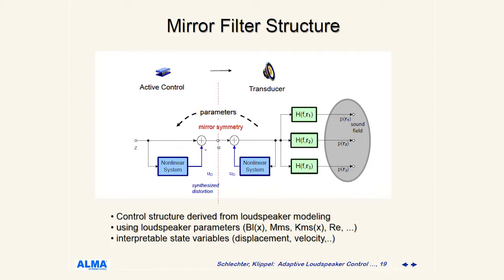And if we have that, you can see that this point here is identical with the input. So we can in fact use the audio input, generate the distortions, and remove them from the audio signal, and later on they will cancel out with the distortions generated in the loudspeaker. And this point is linear, and this point is linear as well.